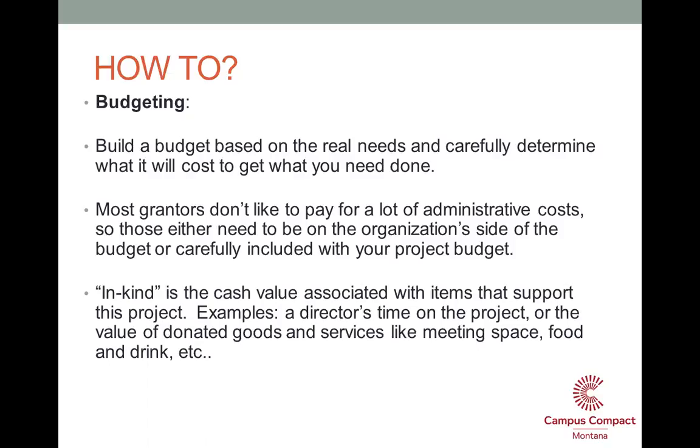Some funders say we just won't fund staff. We'll fund other stuff. So there are some creative ways to address some of these challenges, but the idea that your administrative costs are your own is generally understood among funders, both private and government funders.